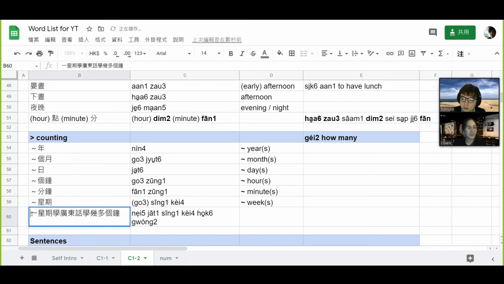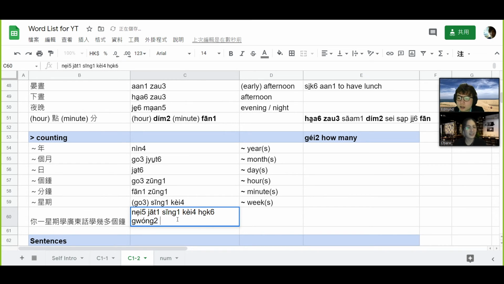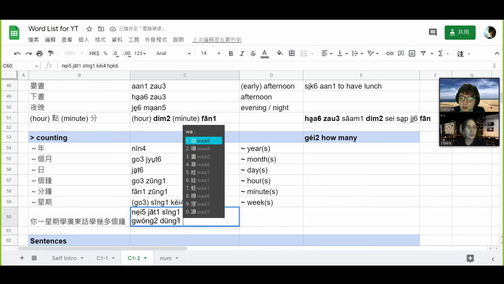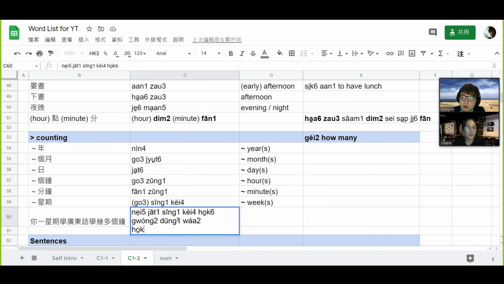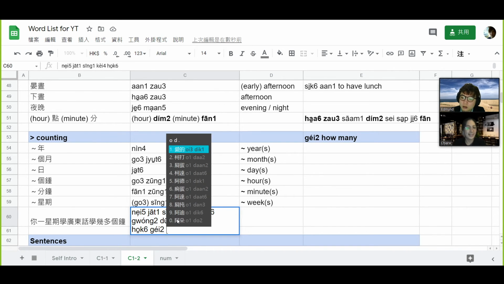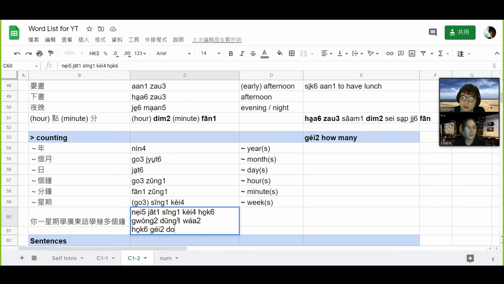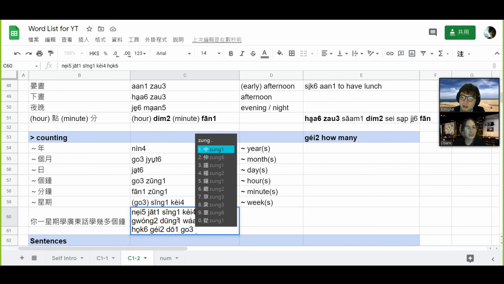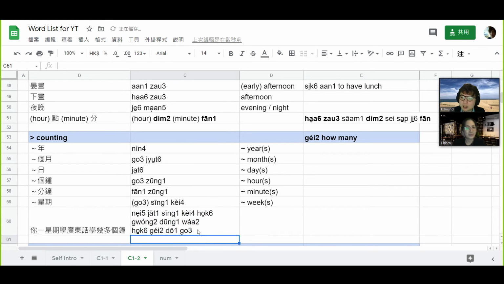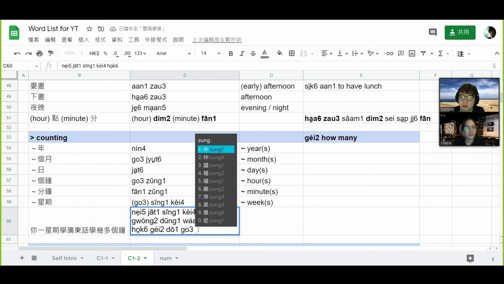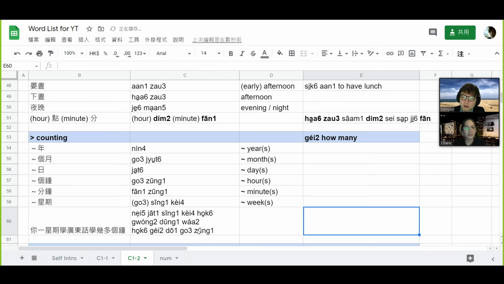I think this one is more common for me. And then you say 學幾多. 幾多 and 幾 is the same. 幾多個鐘. So how many hours do you learn Cantonese per week? And then the answer is 一個鐘.